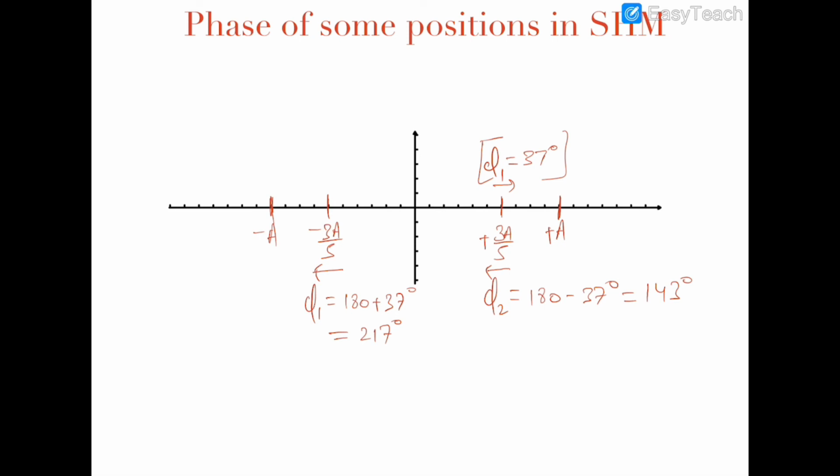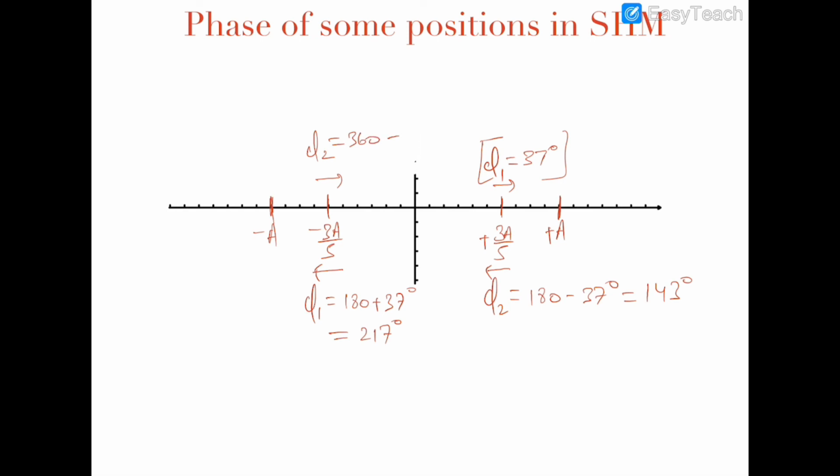Okay. And again when it moves from this position to this and again returns back to this position, for the second time when it comes back to minus 3 by 5, the phase of this particle would be 2 pi, which is 360, minus the short phase.